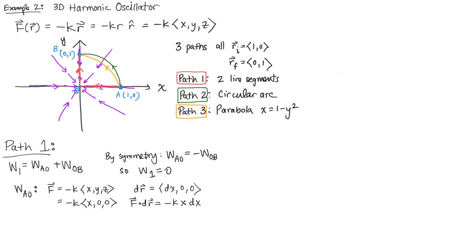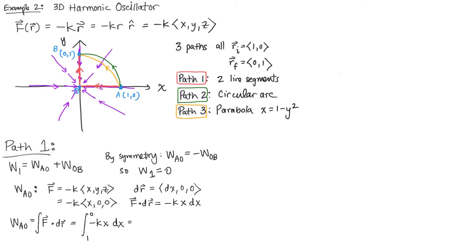So when we talk about the work going from A to 0, we have the integral of F dot dr, which gives us the integral of minus k x dx from x equals 1 to x equals 0.